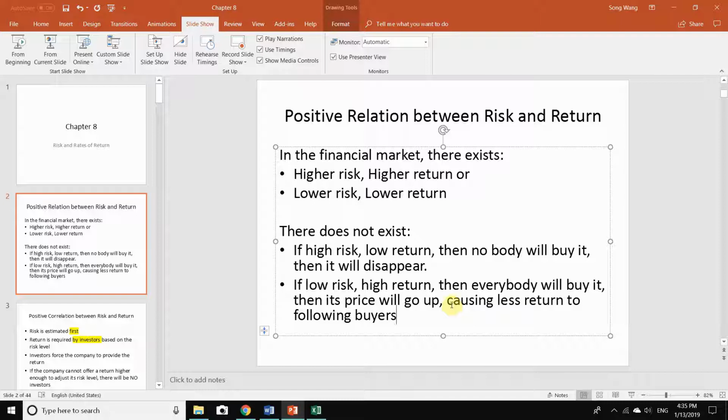And then if the price increases, there is less return for the following buyers. When the price increases to a high level, there's less room to make extra return. So for the next buyers, there's just a low return. So eventually, low risk investment would give you a low return. All right, so that's a conversion of those outliers back to high risk, high return, or low risk, low return.